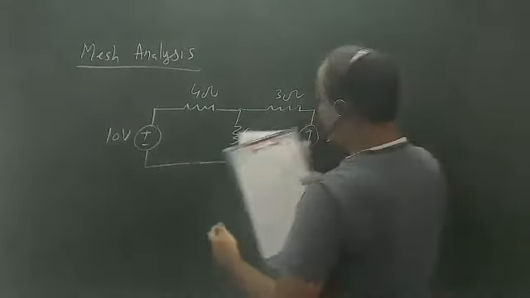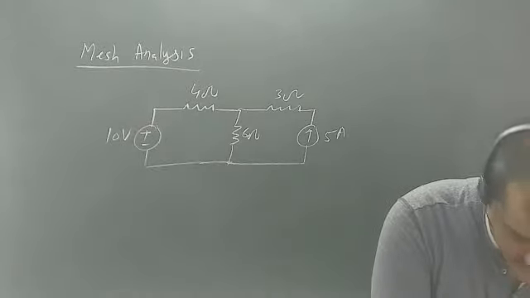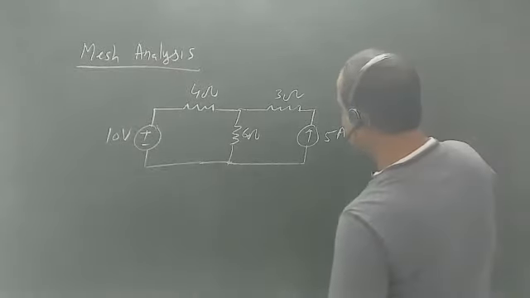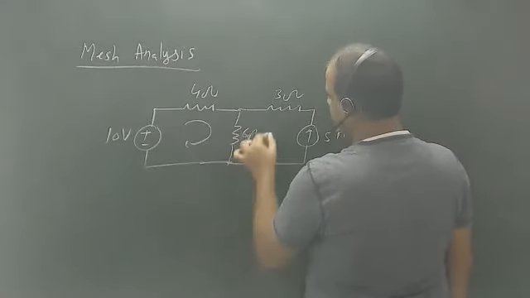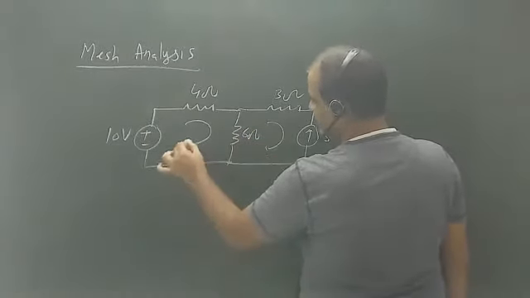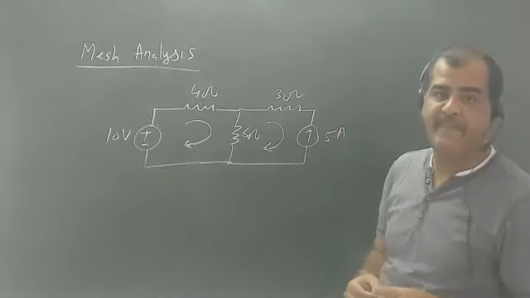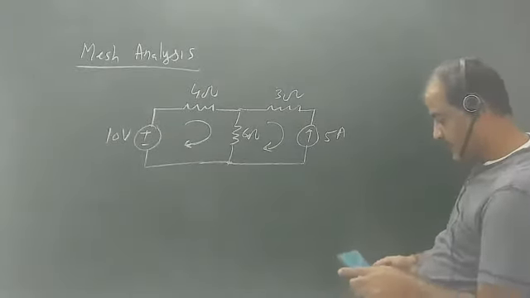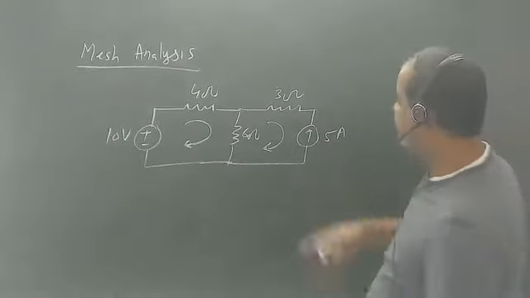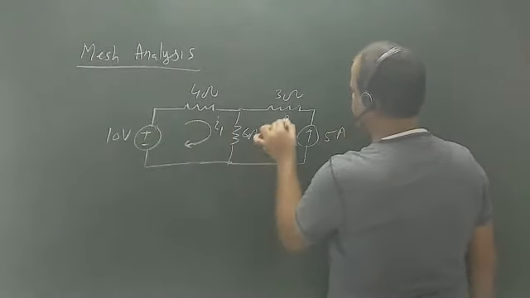Now in mesh analysis, what we do? In mesh analysis, instead of calculating voltages here, we calculate mesh currents. So you already know what is mesh. Mesh क्या होता है? What is mesh? It is a loop inside which there is no other loop. So here we have two meshes. Say this mesh current is I1 and this mesh current is I2.